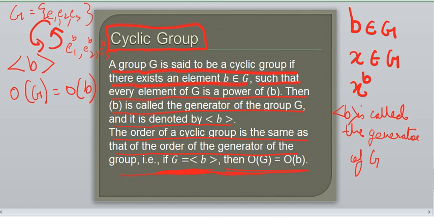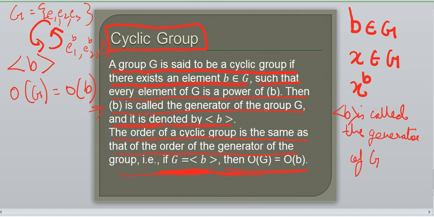Every element is a power of B, then that B is called the generator, because it generates the group.